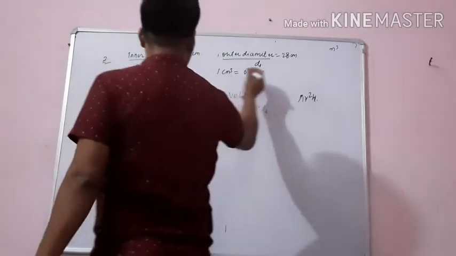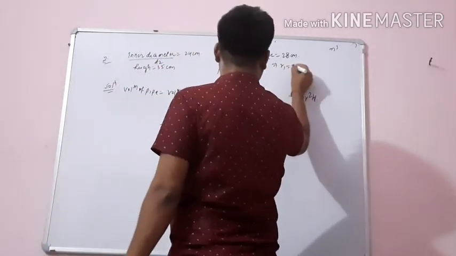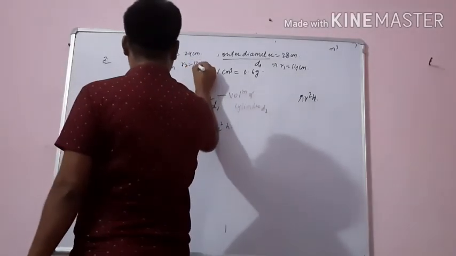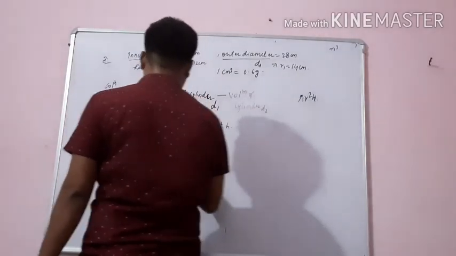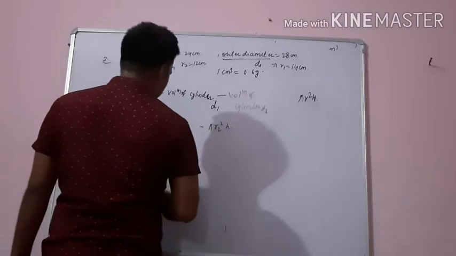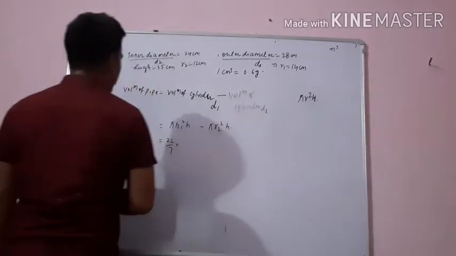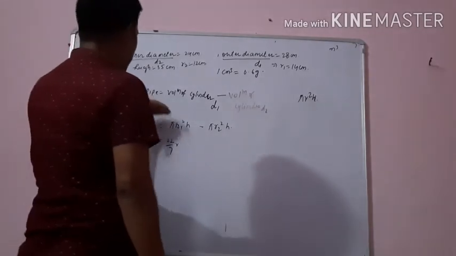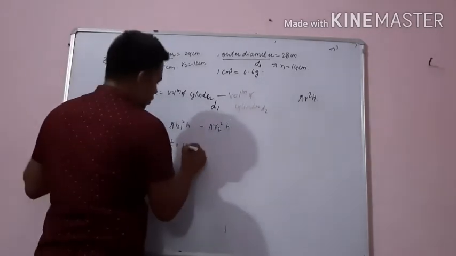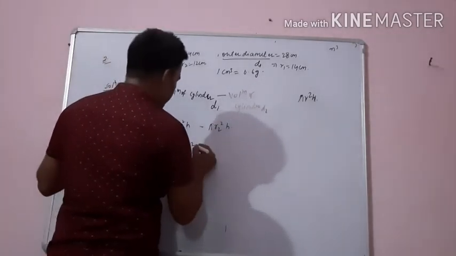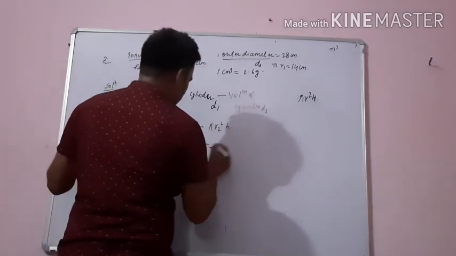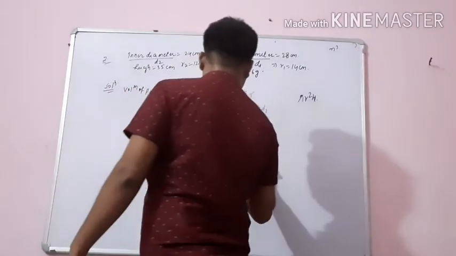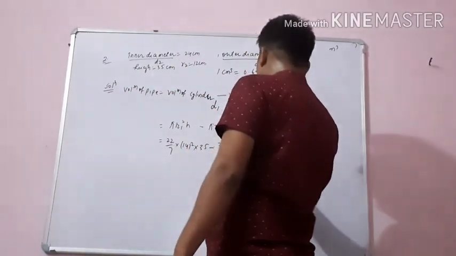Now r1 will be equal to 14 centimeter and r2 will be equal to 12 centimeter. Now 22 upon 7 multiplied by 14 square times 35, minus 22 upon 7 multiplied by 12 square times 35.